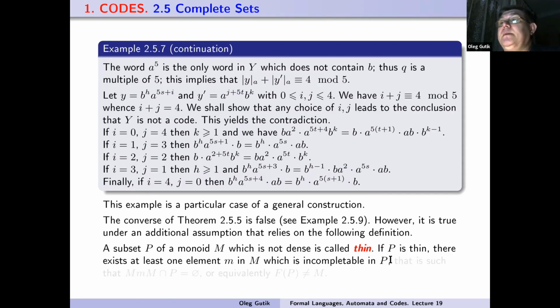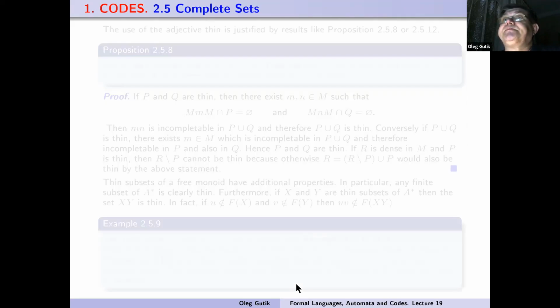If P capital is thin, there exists at least one element m in the monoid M capital which is incompatible with P. That is, such that M capital multiplied by m multiplied by M capital intersected with P is an empty set, or equivalently F capital of P capital is not equal to M capital.